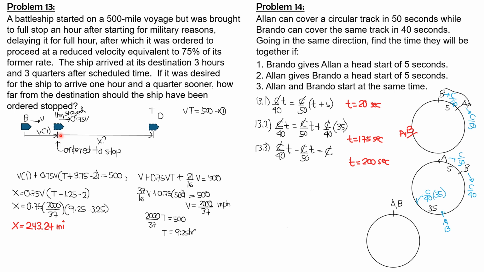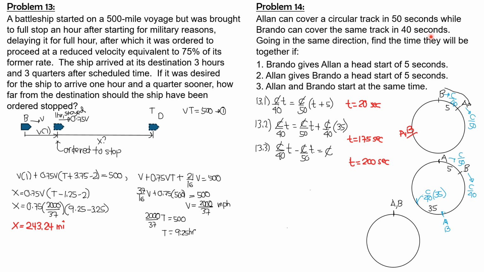But because the battleship was delayed by 2 hours, all in all, we have 1 hour movement, then another 1 hour stay here. That's why we have to subtract 2. So solving for x is 243.24 miles.